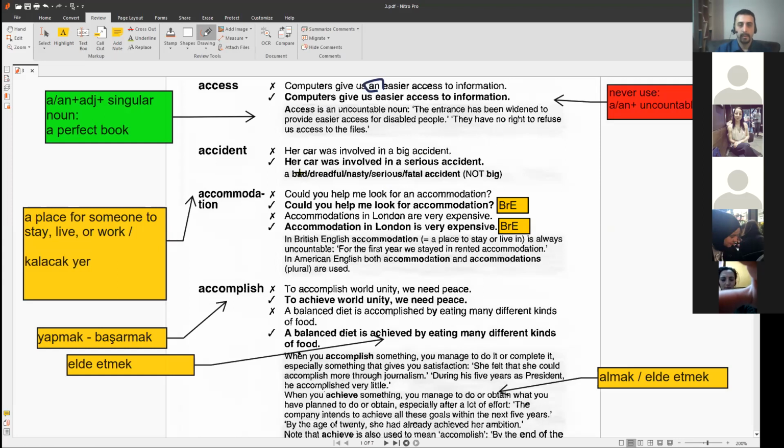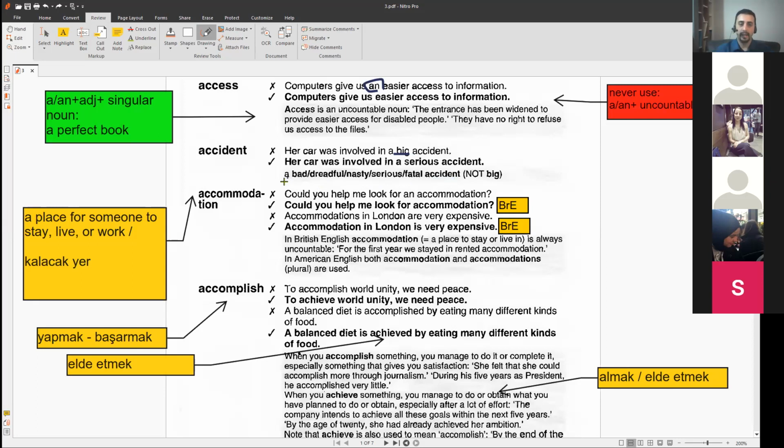Mm-hmm. So as you see here, big, we know big. Big means big in size, huge, enormous. Whenever we want to say something bad, for the accident, for example, we use these words: bad, dreadful, nasty, serious, or fatal, not big. All of these words are negative words.